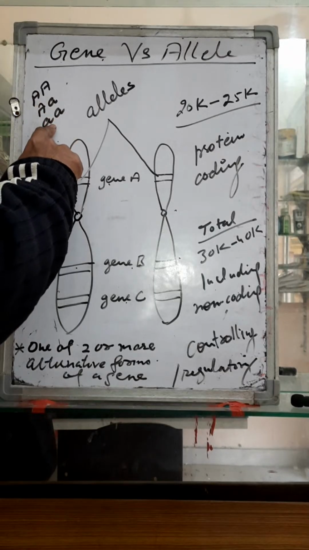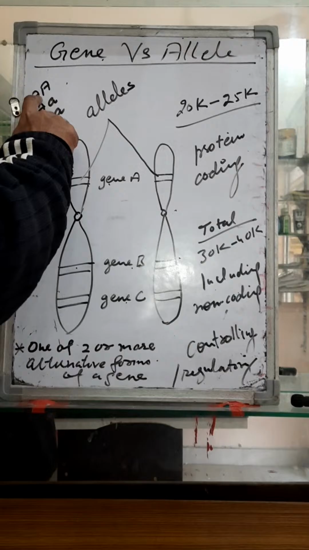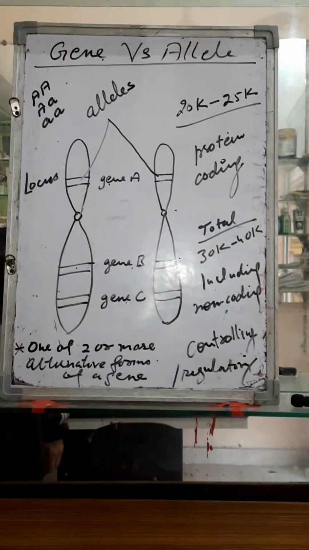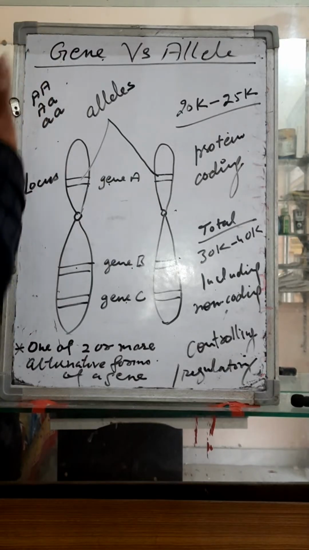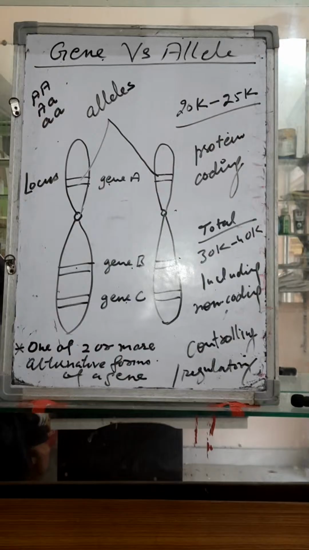For example, this is a pair of alleles, capital A, capital A. This is a pair of alleles for a trait, for example, height. For height, both are capital A, both are dominant, and the person will be tall. In a simple way, we can say.